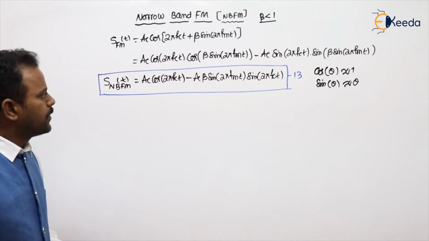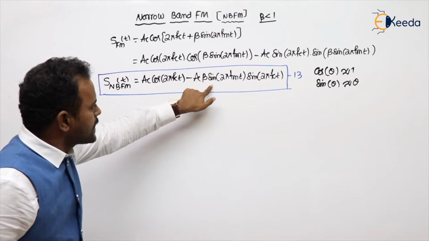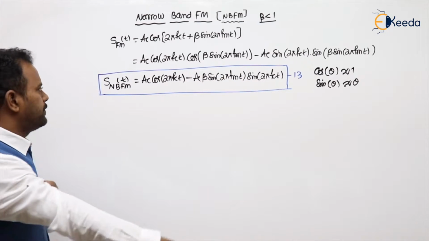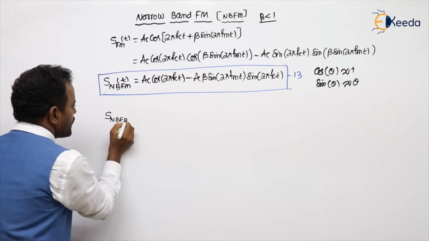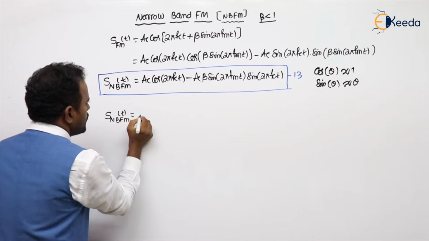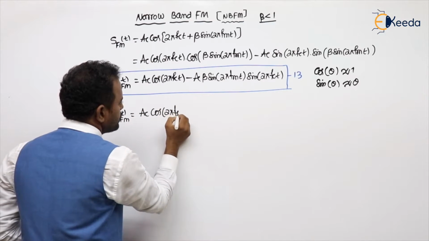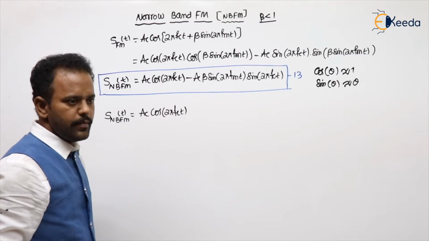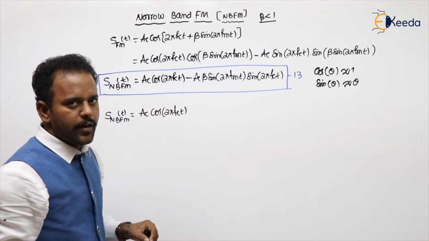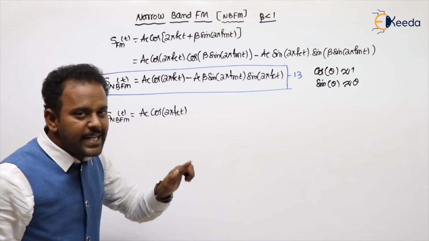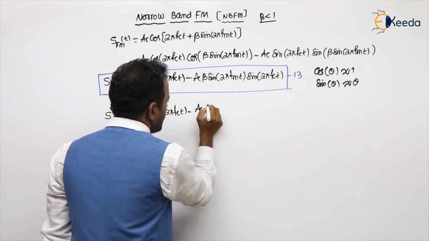Got my point or not? Follow. Now I am extending it with the minus sin A sin B formula. You will get another expression for NBFM, which is AC cos 2 pi FC t. What is minus sin A sin B? It is cos(A plus B) minus cos(A minus B) over 2. Already the minus is there, but the 2 is not there.